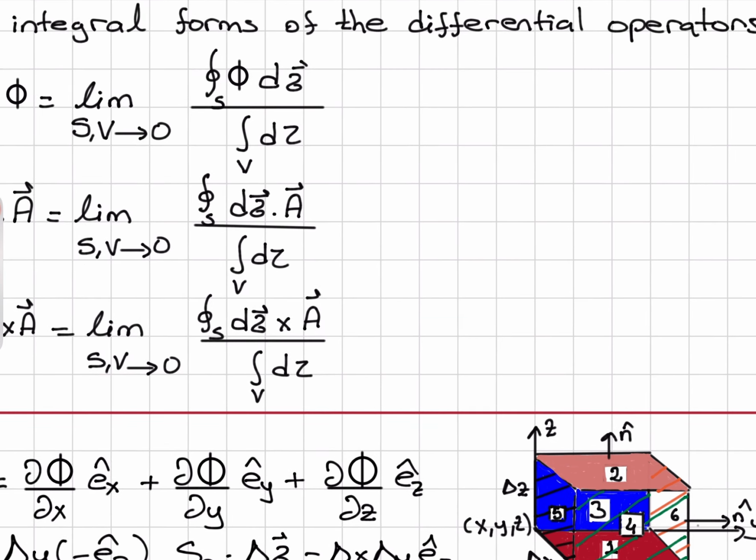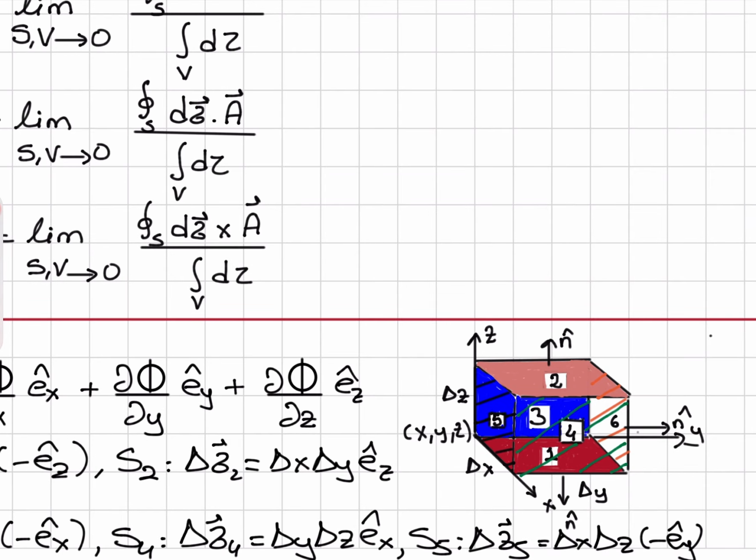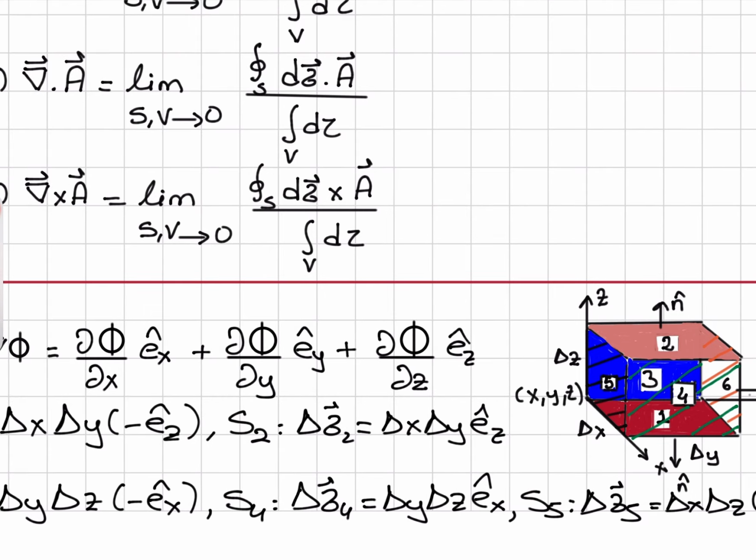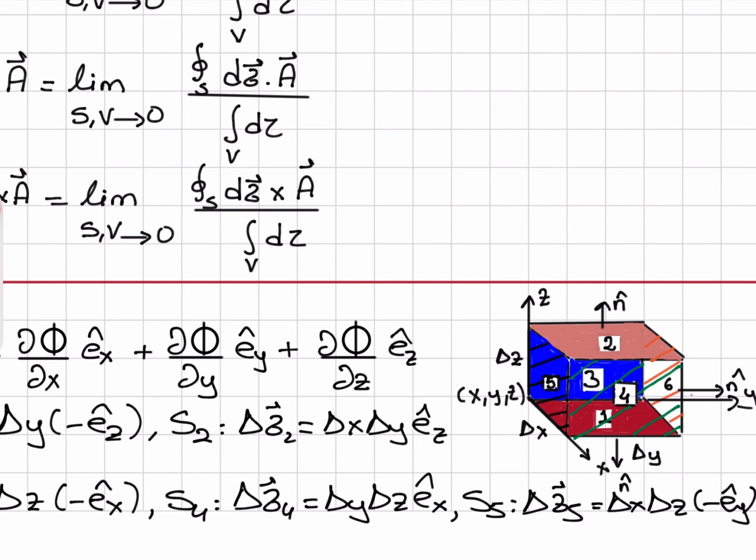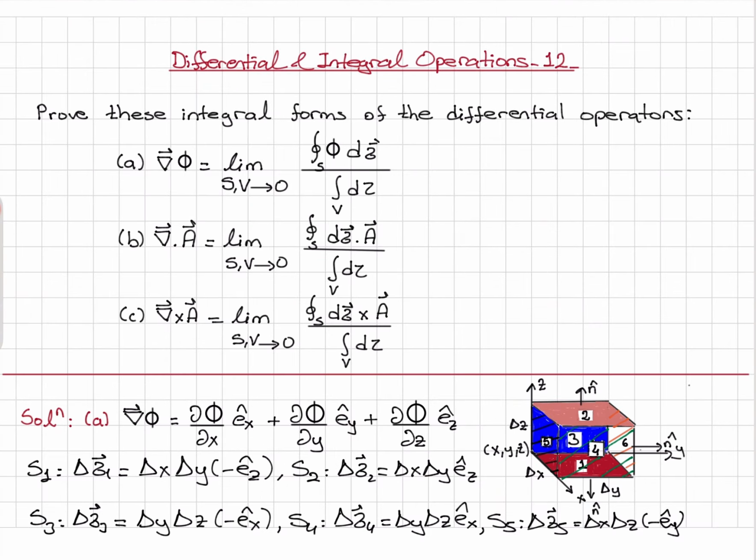And the area becomes, for example for surface 1, instead of delta x, delta y, it becomes dx, dy. So that's the meaning of S and V going to 0. First I write the infinitesimal area vectors for each surface. For example, this one is delta x, delta y in minus ez hat direction. The normal vector is defined perpendicular to the surface in the outward direction. So I did that for all these surfaces.